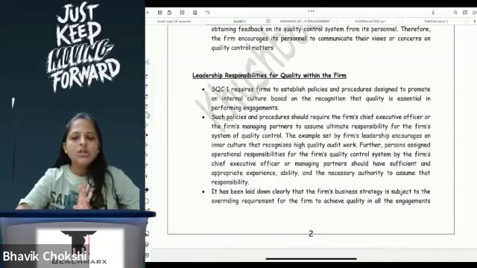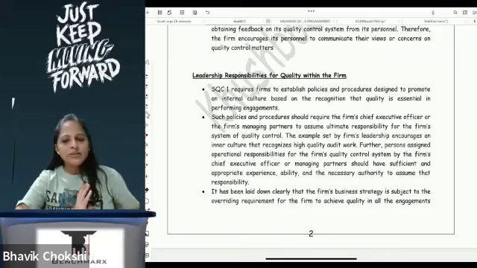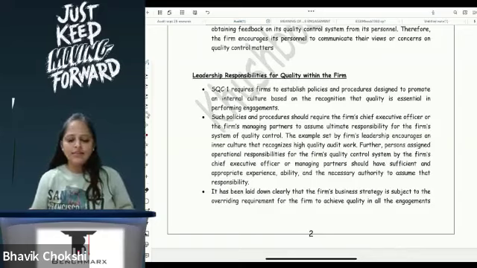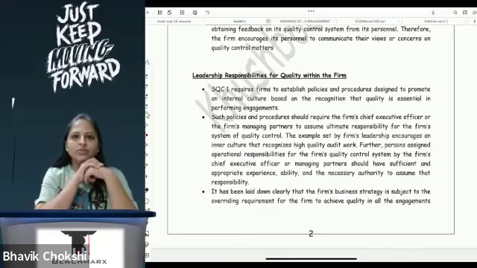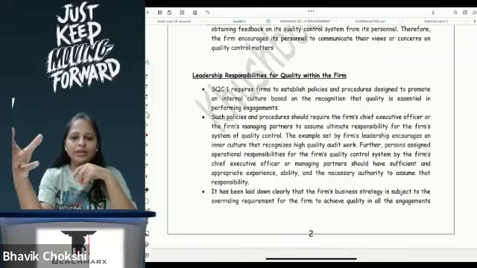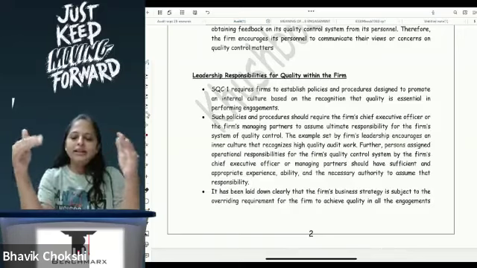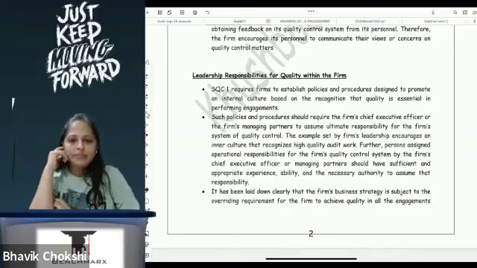If you have a senior who is good, who is really guiding you to become a better person, then the quality of that person will flow into the entire team, correct?